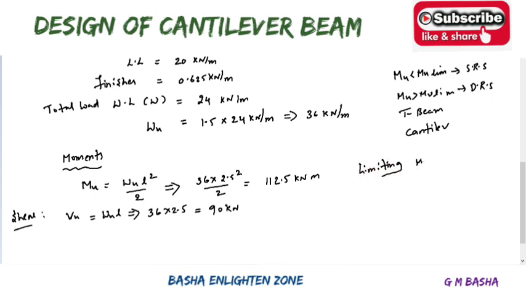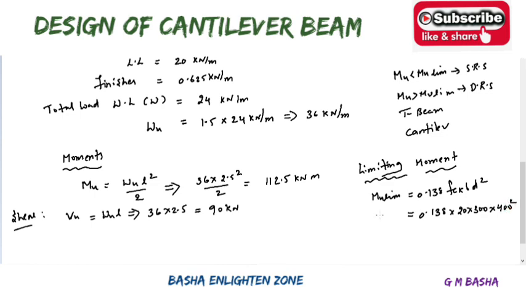For checking that, the limiting moment for Fe415 will be equal to 0.138 fck b d square. That will be 0.138 into fck, given as 20, b is 300, d is the adopted depth 400, square.